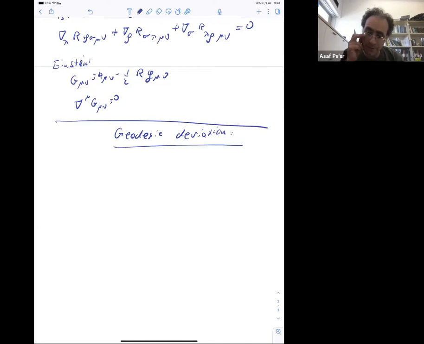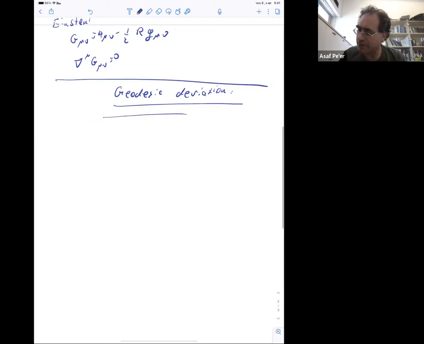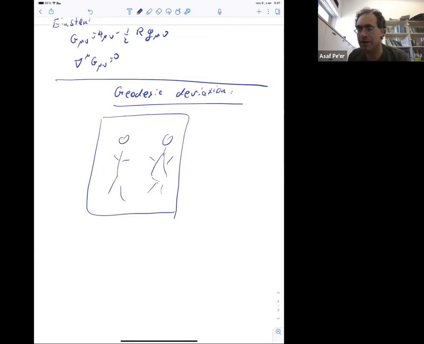So the classical example that I discussed was this elevator experiment. We have two scientists in an elevator, and the elevator is freely falling, meaning that they cannot look to the outside. So can they measure gravity?